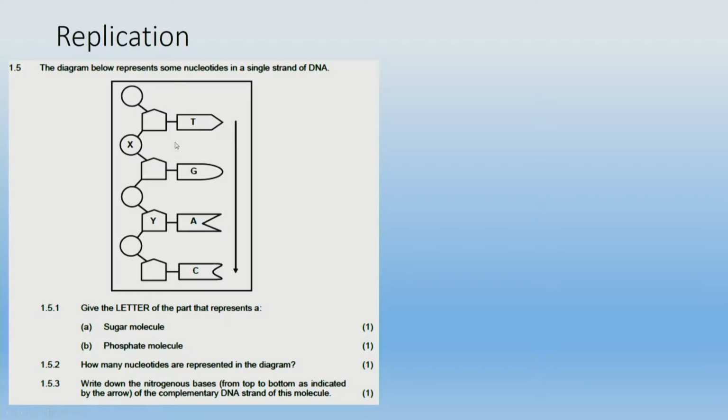Then there's the normal questions that they always ask on replication. We know that this is a DNA molecule because it is double helix, or in this case it has thymine. So they must be able to identify it as a DNA molecule. They have to identify that this one is allocated in the nucleus.